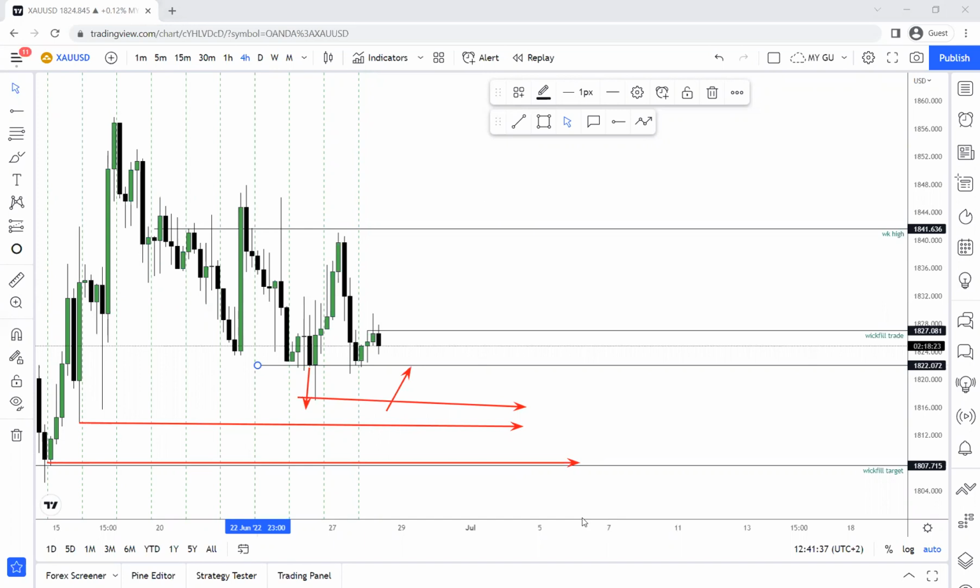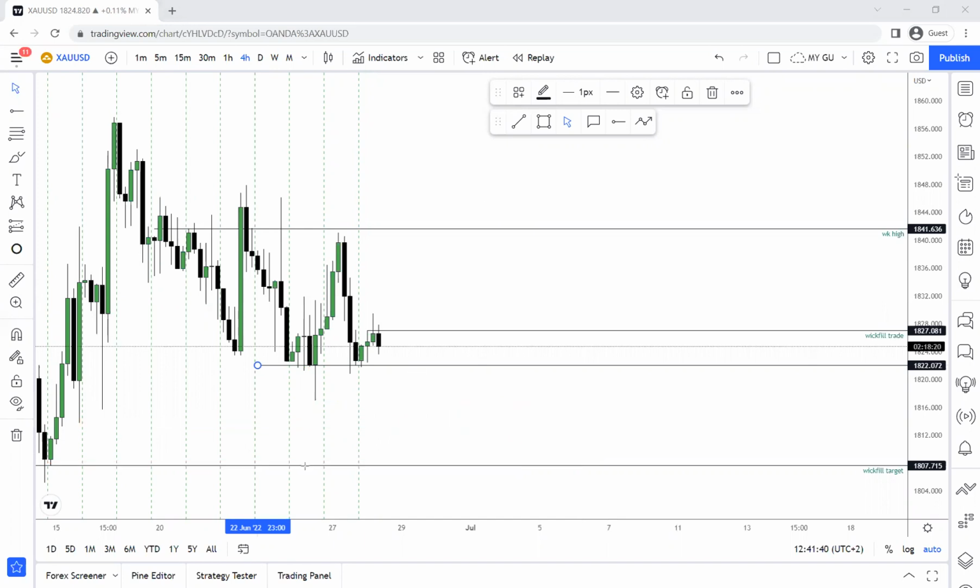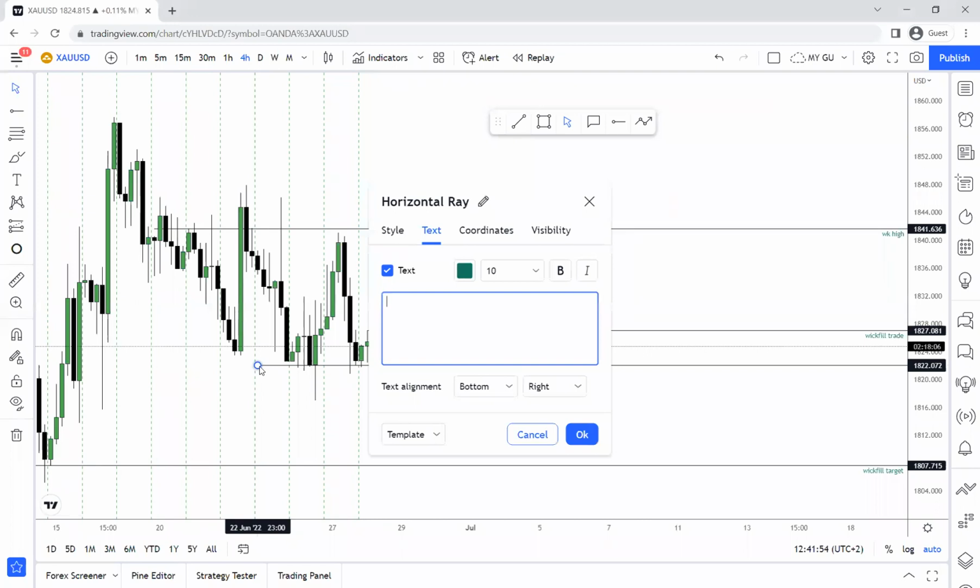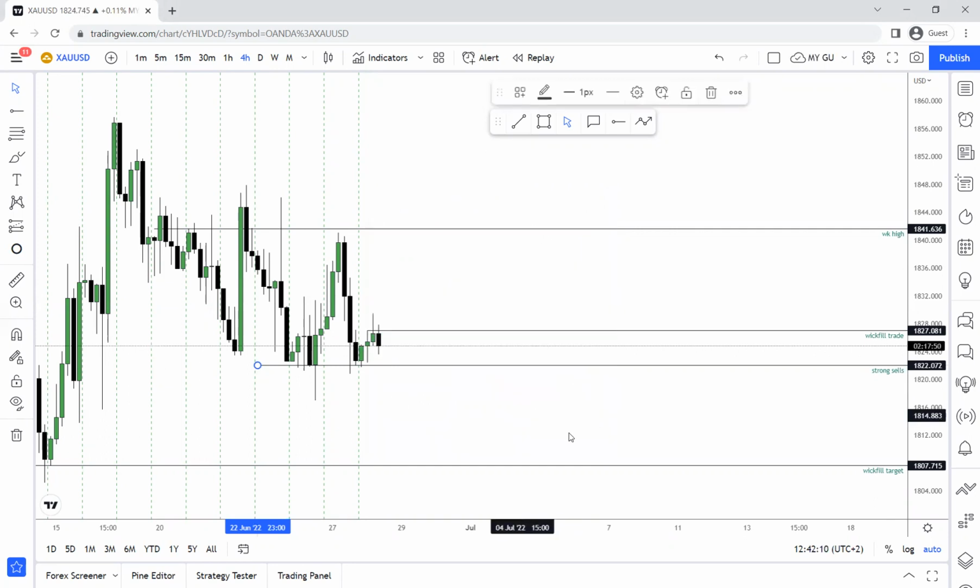Maybe we can just name that area our strong sell position. That's where our strong sells are. If price goes below there, we have 3 targets in mind.